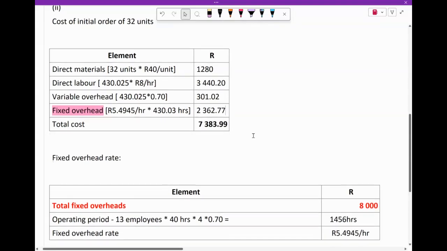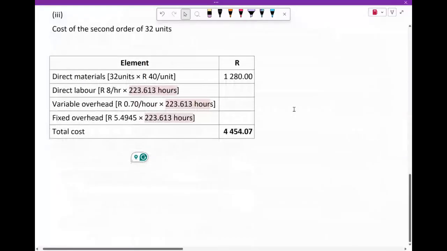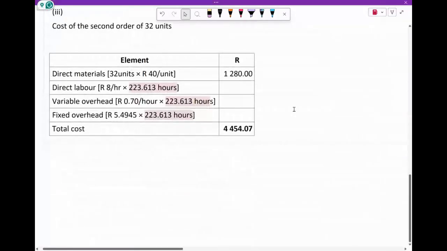It's only that we would take the time that it took us to only make the 32, which would be that more efficient time, right? Yes, 100%. This would change. 223, I think. It's about 200 and something hours. So there you can see, because it's taking us less time to produce the second 32.